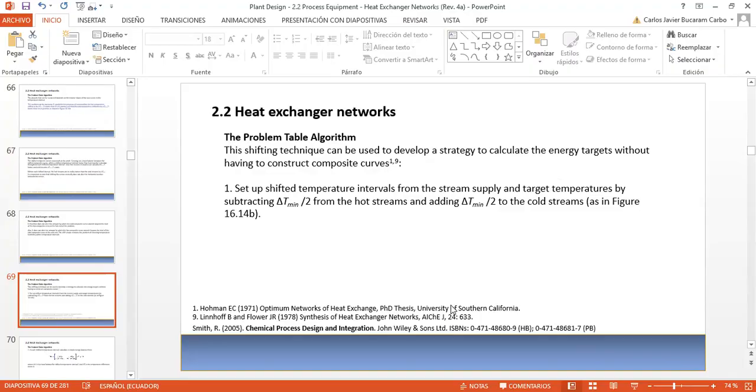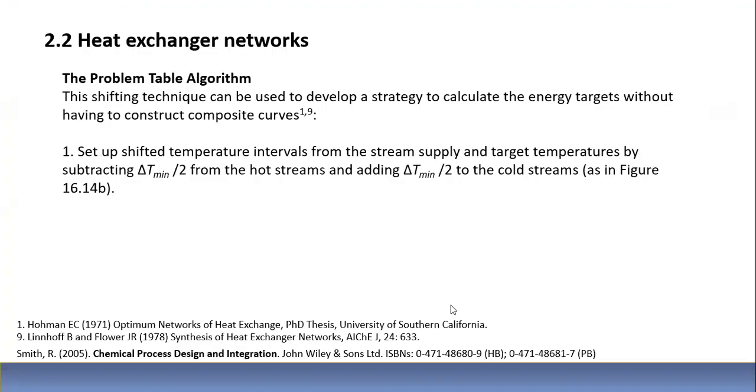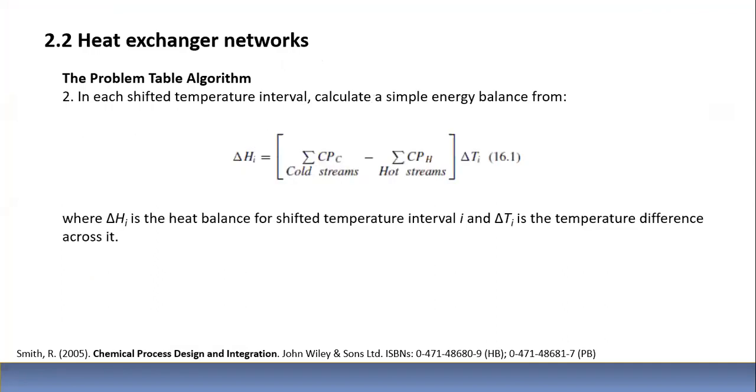Okay. Set up shifted temperature intervals from the stream supply and target temperatures by subtracting delta T minimum divided by 2 from the hot streams and adding delta T minimum divided by 2 to the cold streams, as in figure 16.14.